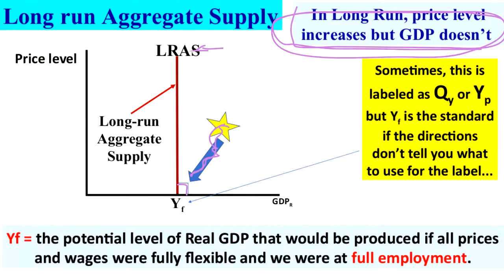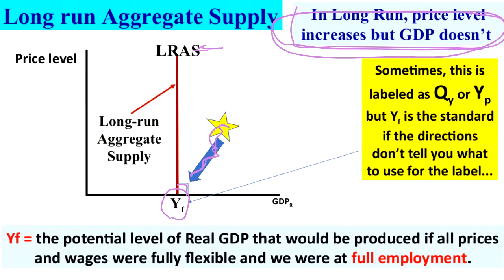Okay, this label down here is going to reflect the potential GDP that would be produced if all of your prices and all of your wages were flexible, we're at full employment, we're using all of our resources wisely, we're making really good decisions, everything is good and happy.